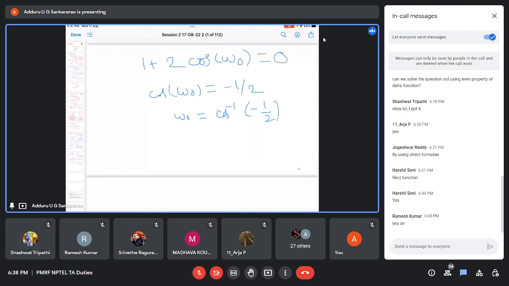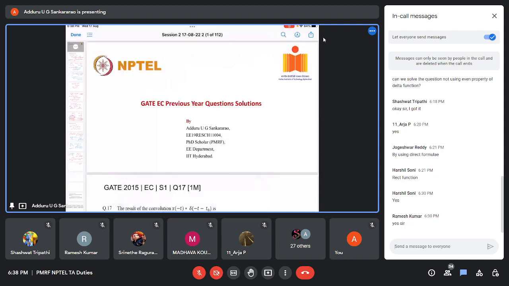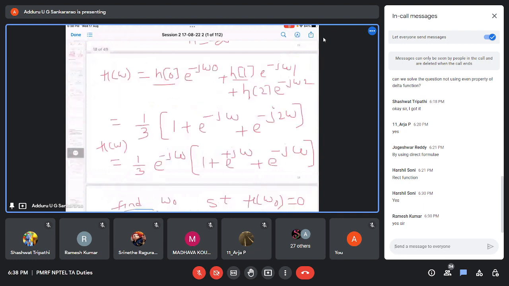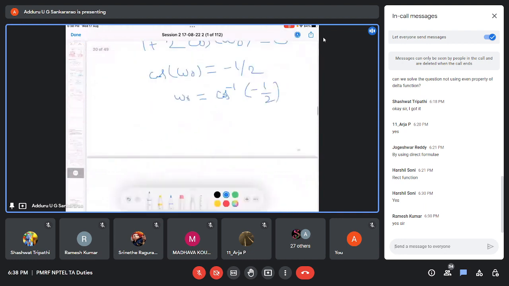When it is 120 degrees, cos 120 is minus 1 by 2. So omega naught is what? 120 degrees in radians is omega naught equal to 2 pi by 3.